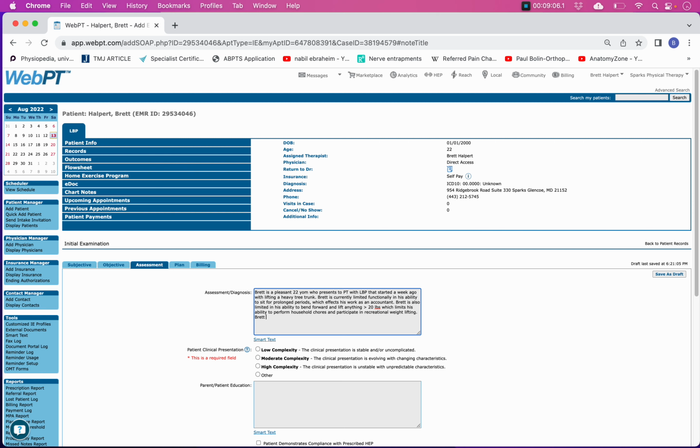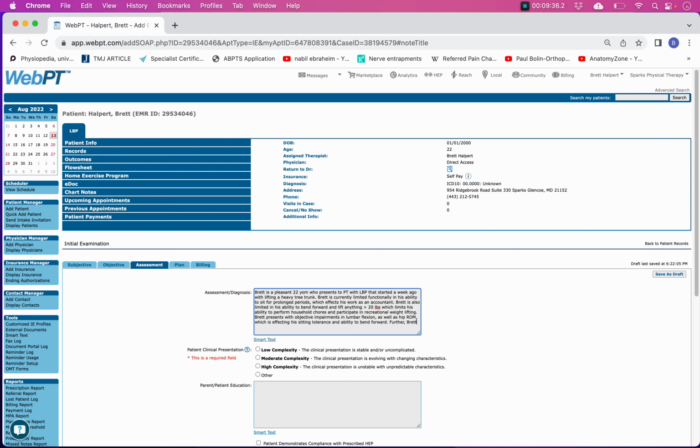So Brett presents with objective impairments in lumbar flexion as well as hip range of motion, which is affecting his sitting tolerance and ability to bend forward.